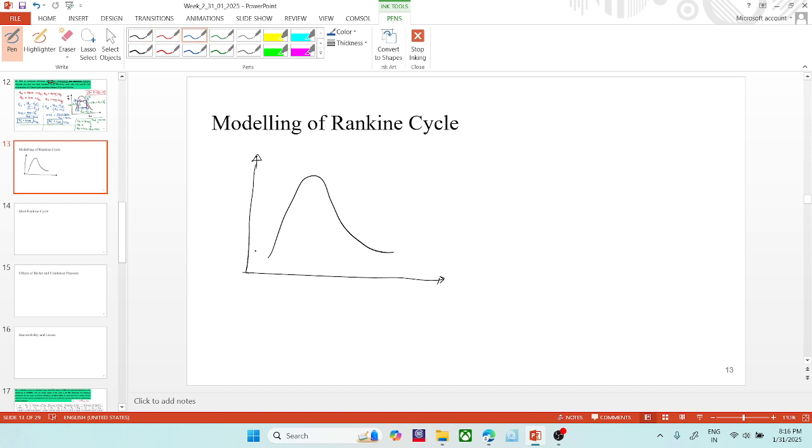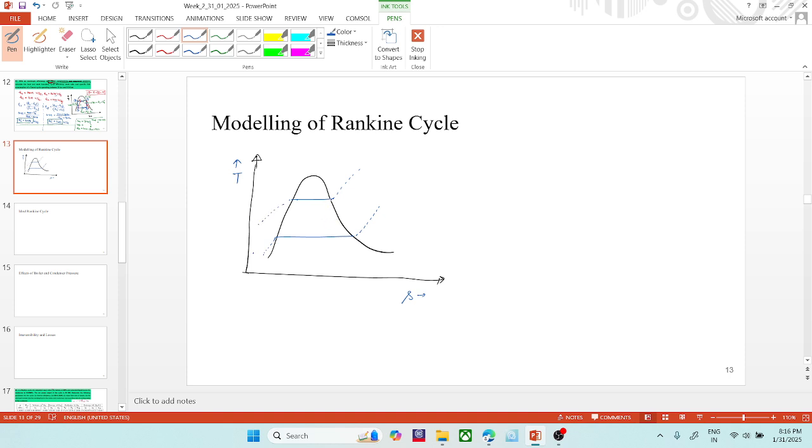Let me draw two pressures here. These are the lower pressure and upper pressure, and the constant pressure lines go like this. You would be familiar with this. The constant pressure lines on the TS diagram go like this.